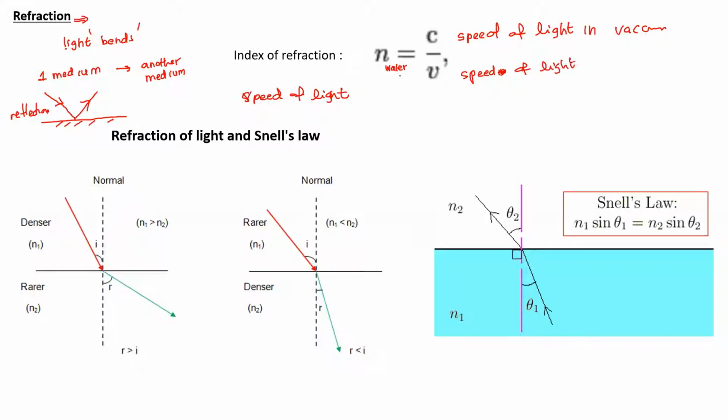So here we are interested in water, so the speed of light in water. If you were interested in the index of refraction of glass, you would divide C by the speed of light in glass.